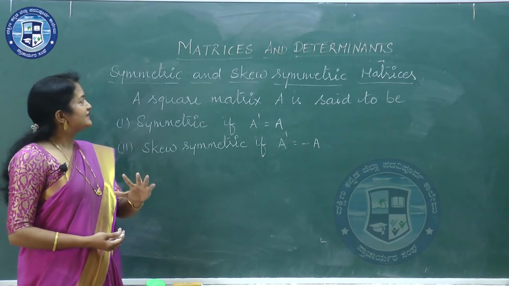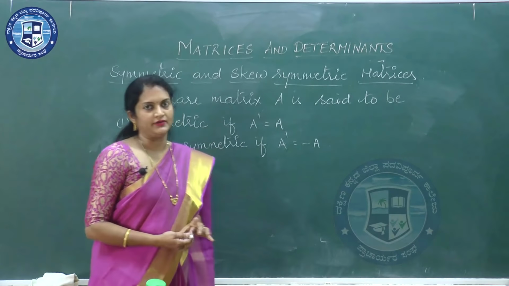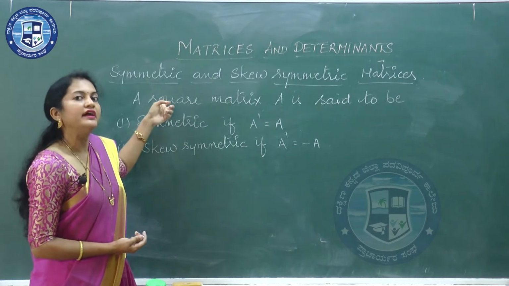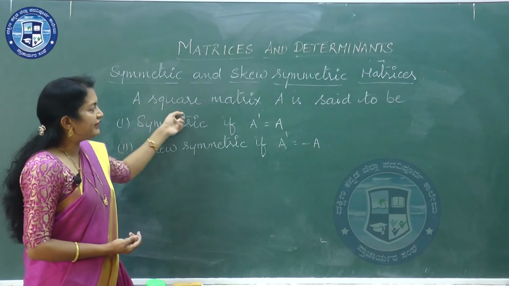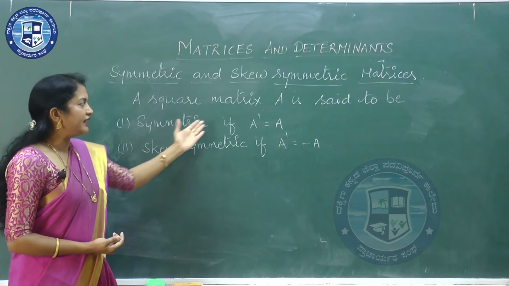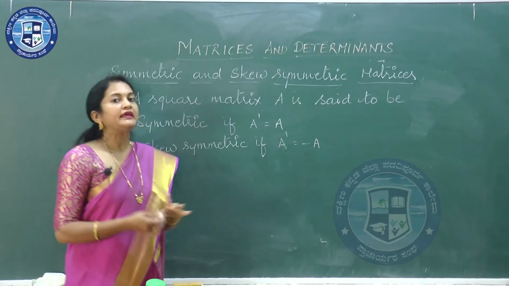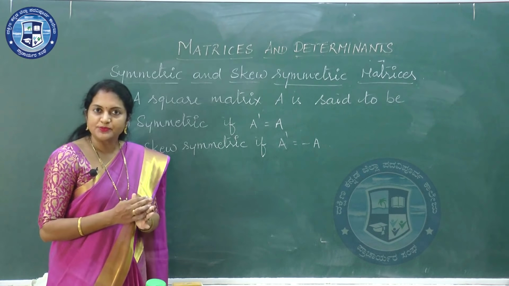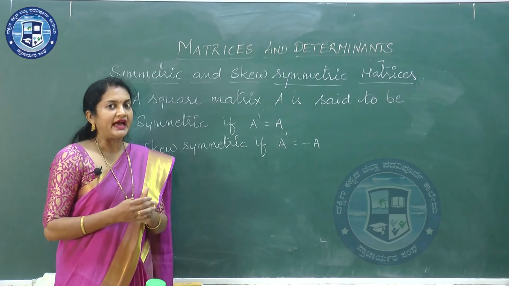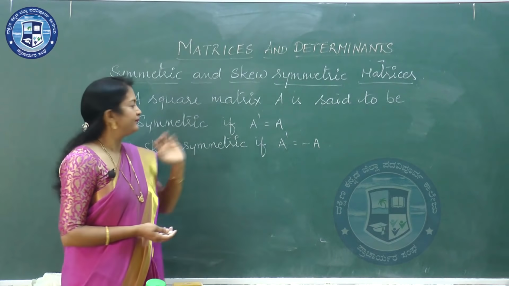Now, next we will see what symmetric and skew symmetric matrices are. Here we are taking a square matrix. A square matrix A is said to be symmetric if A transpose is equal to A. That means if you transpose a matrix and get the original matrix as the result, then we say it is a symmetric matrix.